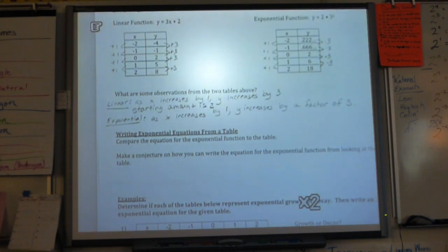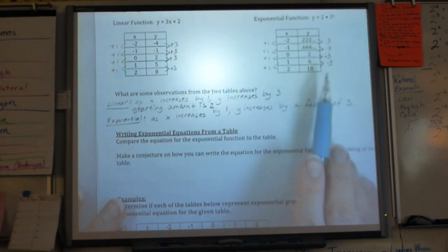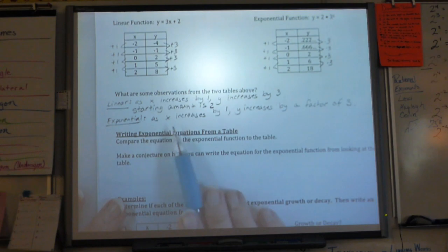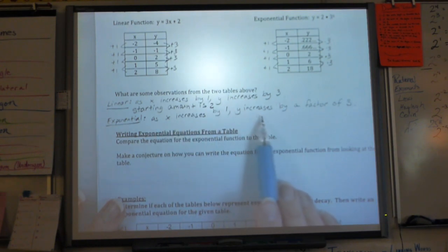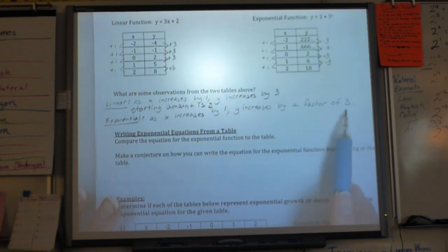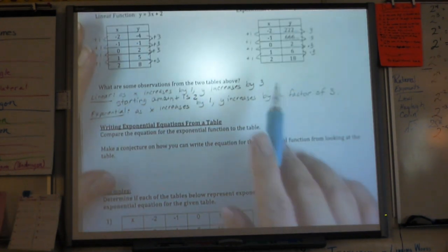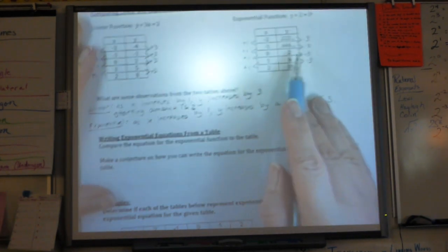And this one happens to be exponential growth. If we divided by 3 each time, we're not, but then we would have an exponential decay function, and then we would say as x increases by 1, y decreases by a factor of 3, or y is multiplied by 1/3. Okay, divide by 3 or multiply by 1/3. Our starting amount here was also 2.